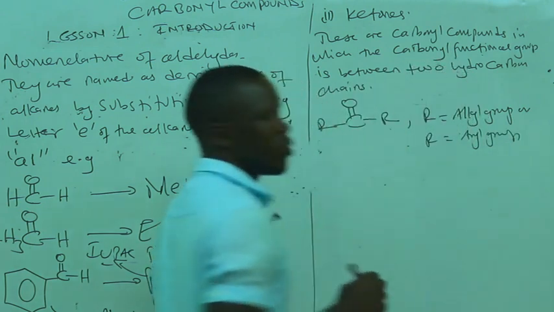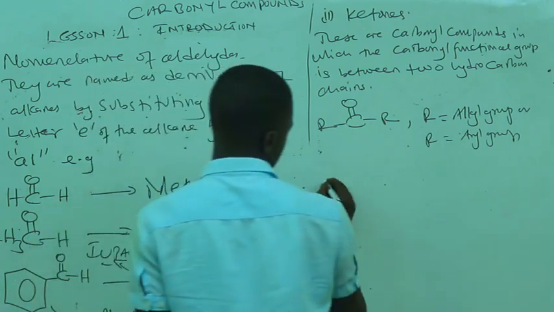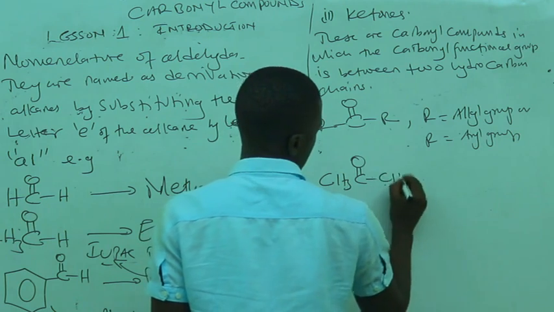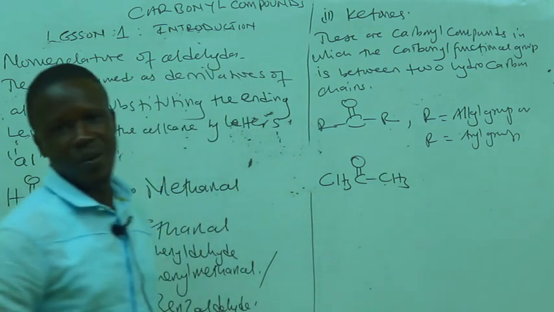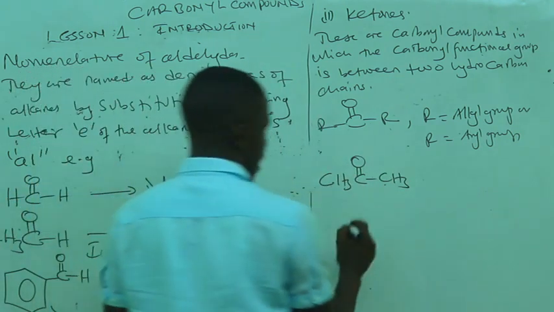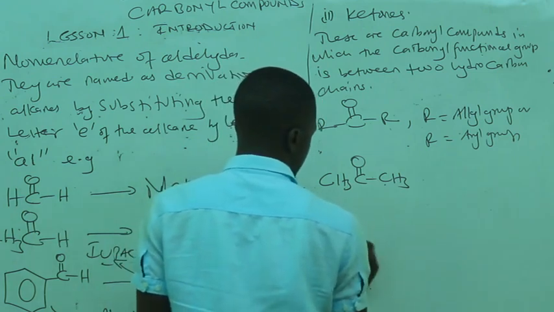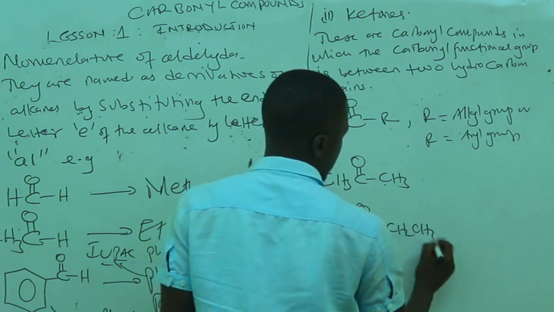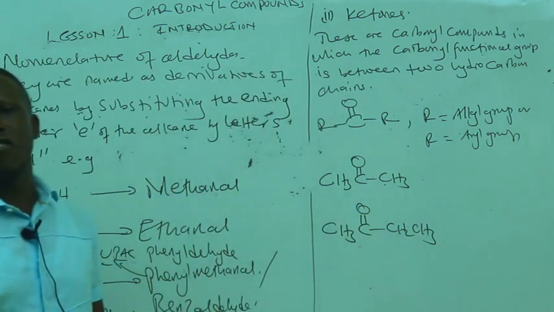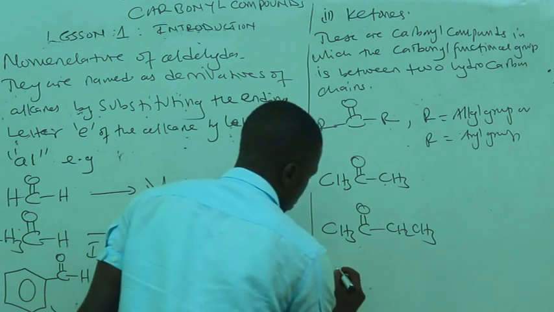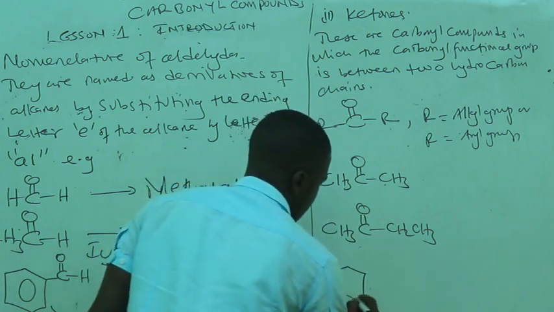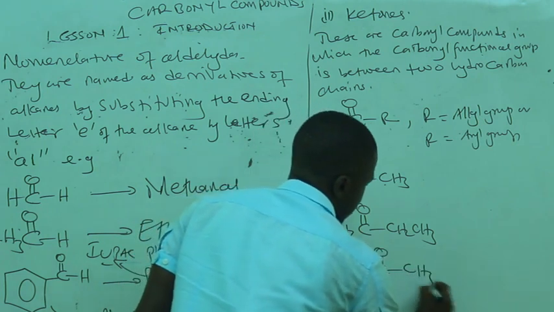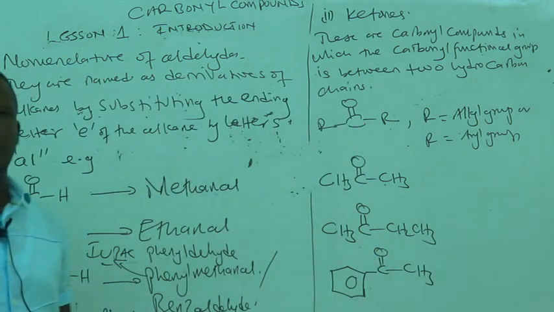An example, if you had a methyl group this side, and a methyl group the other side, we could have a methyl group one side, but then the other side is an ethyl group. They could as well be different. It is possible to have one side a benzene ring, but another side there is an alkyl group.